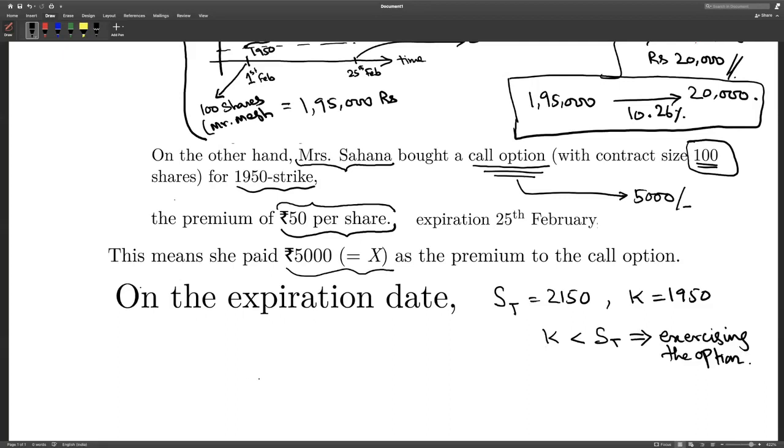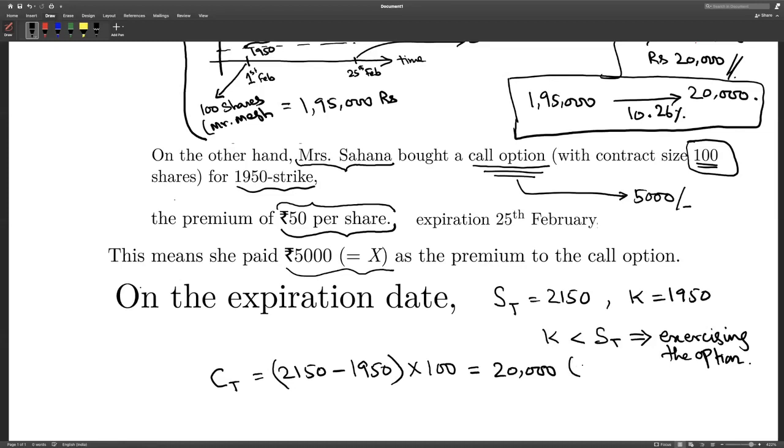This means that she will go for cash settlement where she will get the payoff of 2,150 minus 1950. That is the difference in the strike price and the spot price. And since she is owning one contract, which means 100 shares, therefore her payoff is basically 20,000.